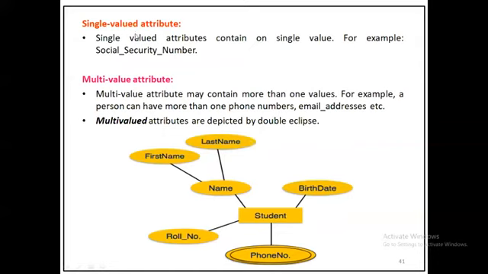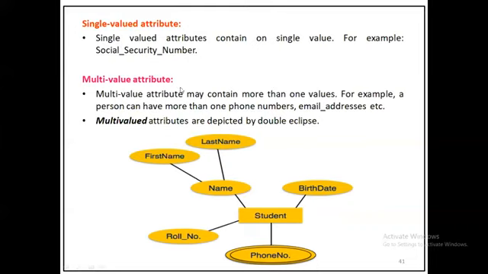Next, single valued attribute. Single valued attributes contain only a single value, for example, social security number. For a student, the hall ticket number is a single valued attribute, because we cannot assign one hall ticket number or one social security number to another student or person. That's the reason it contains a single value.